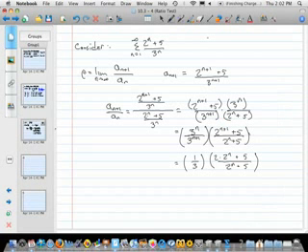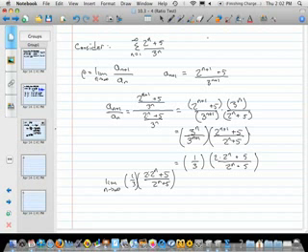All right, so what we're going to do now is take this limit. I don't even know if we needed to break that up. But the limit as n goes to infinity of 1/3 times (2 times 2 to the n plus 5) divided by (2 to the n plus 5).